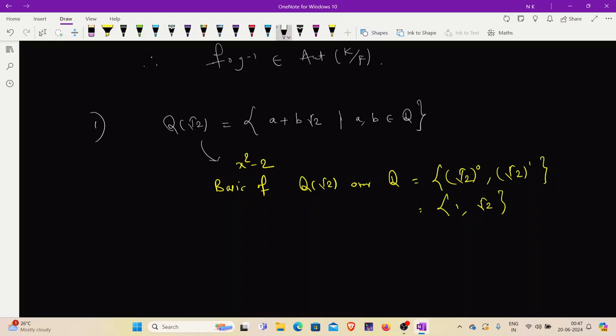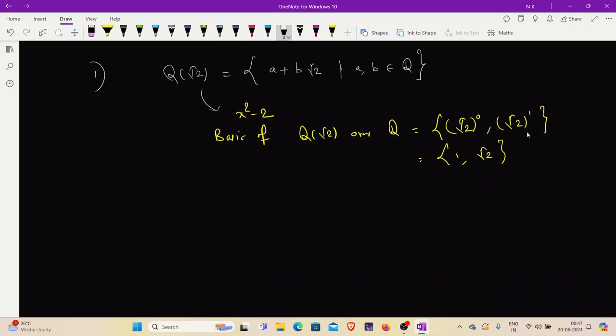Now let me find out the automorphisms of Q root 2 over Q. So as I told you, root 2 satisfies the polynomial x square minus 2, and its roots are root 2 and minus root 2, right? So basically we can identify that these are the conjugates of root 2. As Q is the base field, we are just interested in Aut of Q root 2 over Q. So that clearly means that Q is fixed.